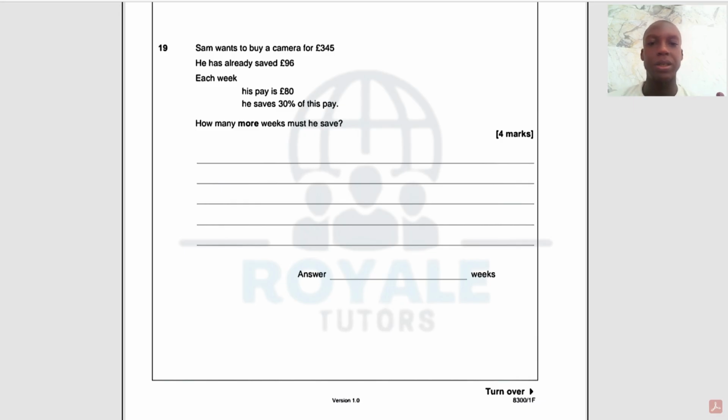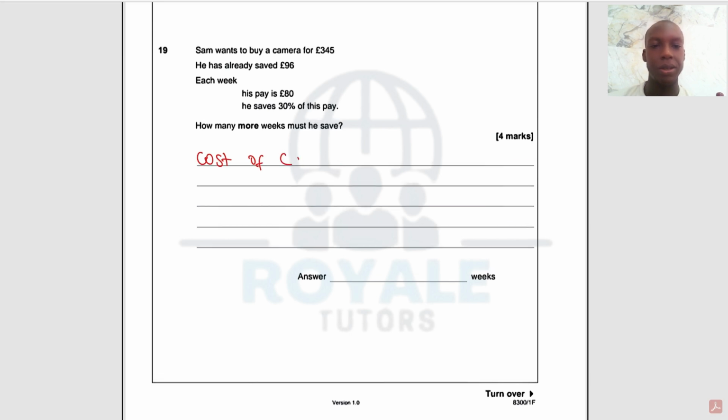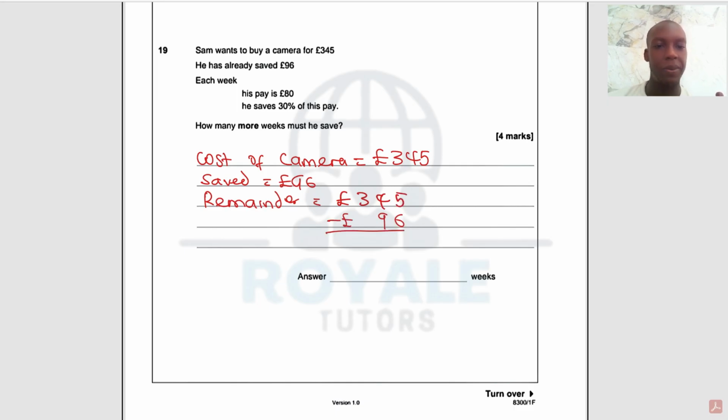So good. So the total cost of the camera is 345 pounds. He has already saved 96. So the remainder now is going to be 345 take away 96.